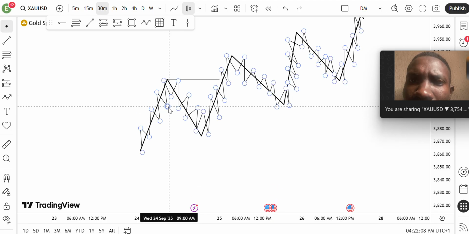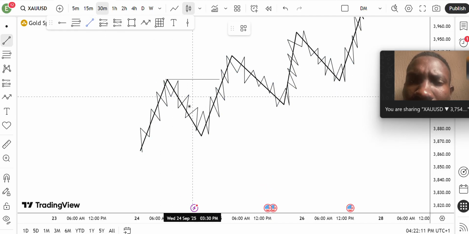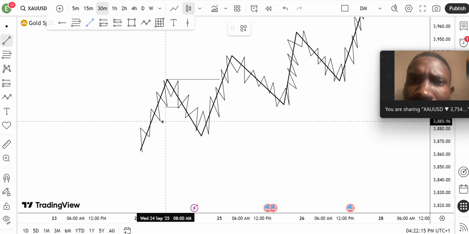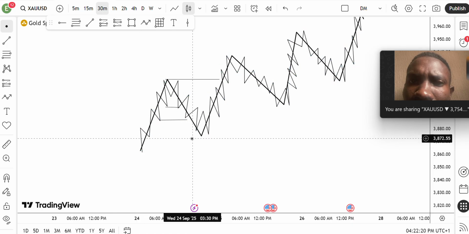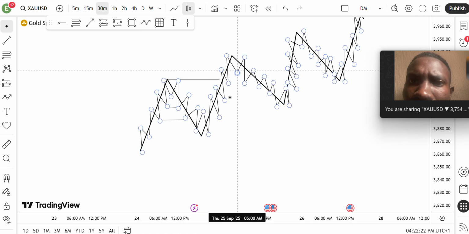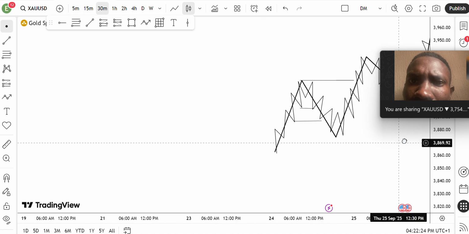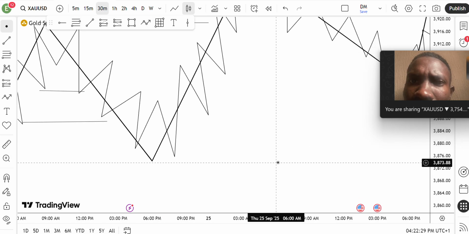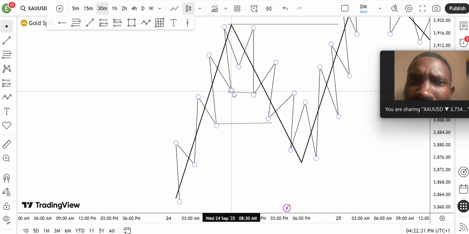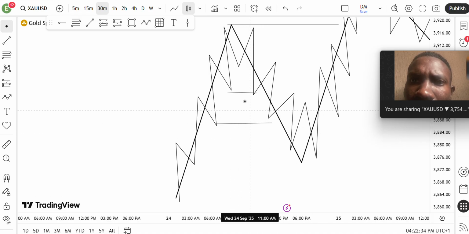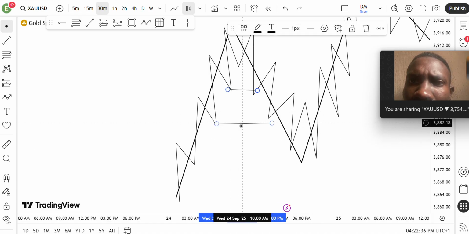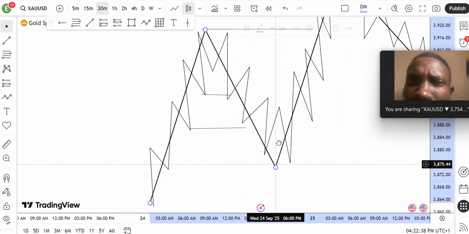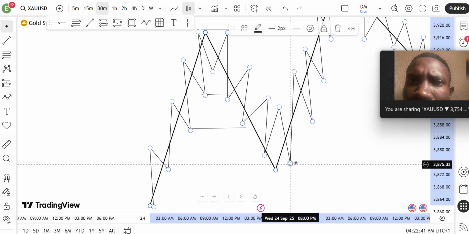All of these that were here were internal liquidity, and then it came here, bounced and moved up from there. Whenever price is unable to take internal liquidity and just moves up from there, then there is a serious imbalance. Let's say, for example, price just starts moving like this.